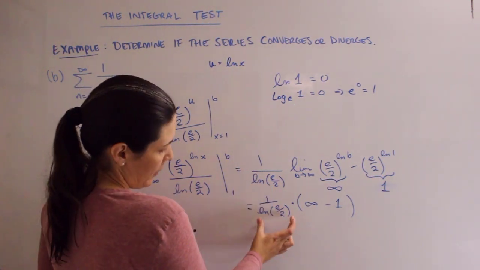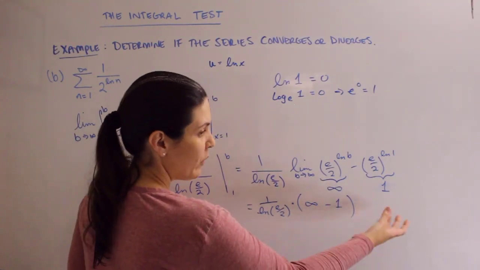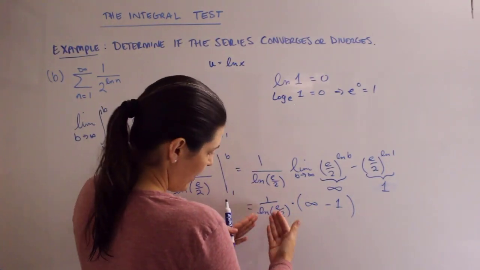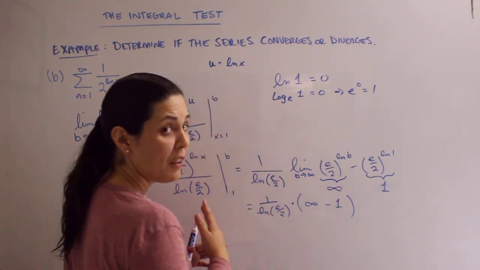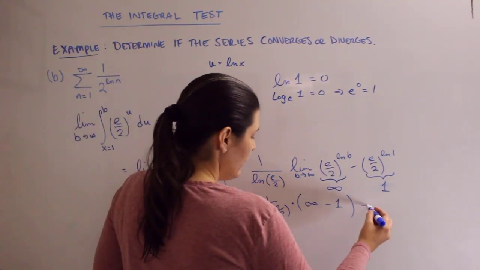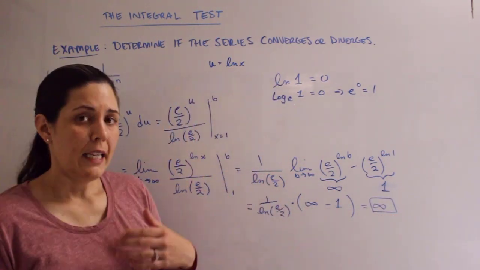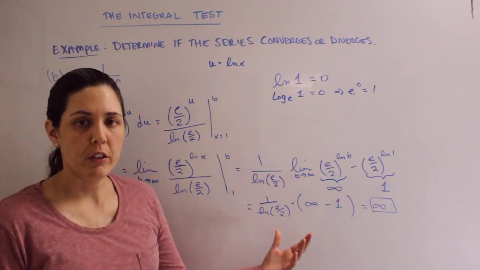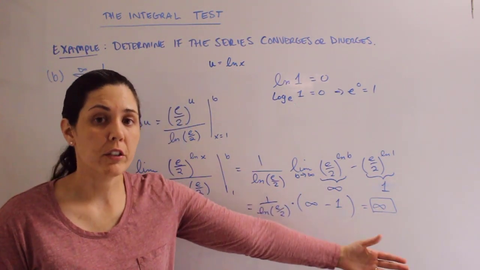But this is saying some small amount times infinity, and then take away 1. No matter if I divide by this number, ln e over 2, and subtract 1, it's still huge, it's still infinite. So this is infinity. Okay. So this integral did not converge. It went to infinity. It kept growing, it diverged.